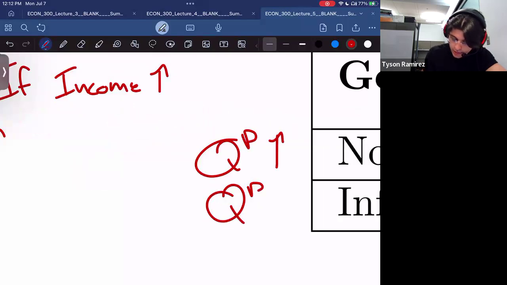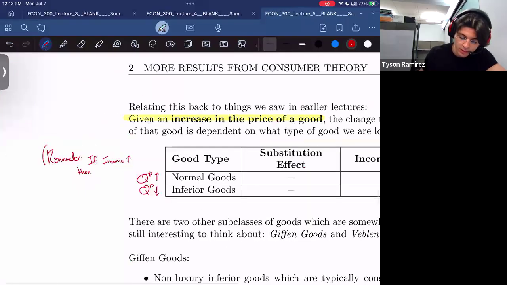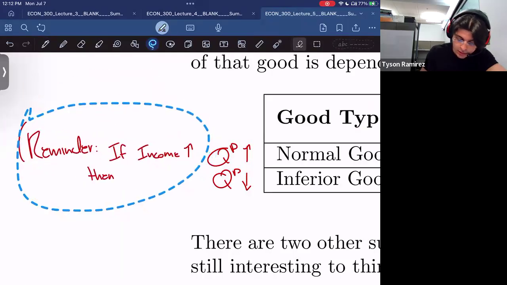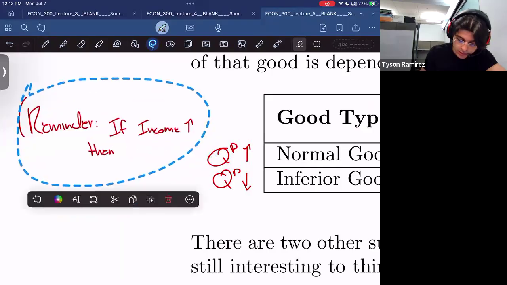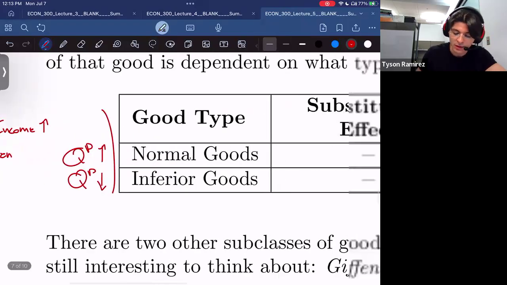For inferior goods, the quantity demanded decreases.